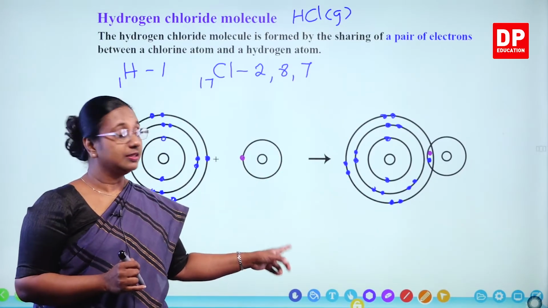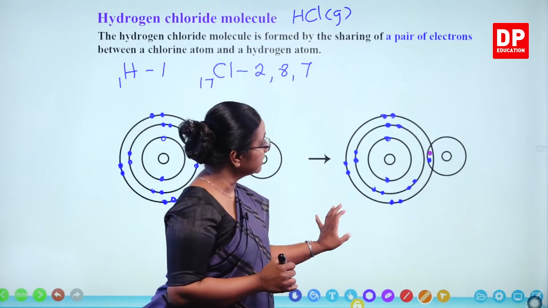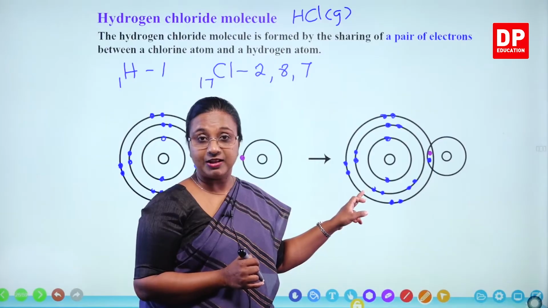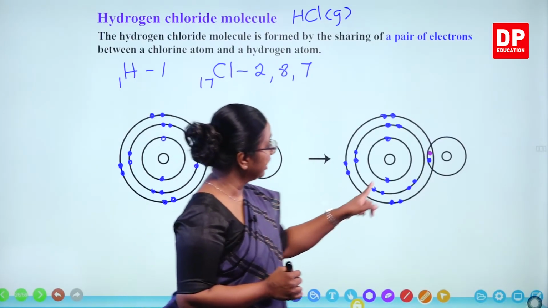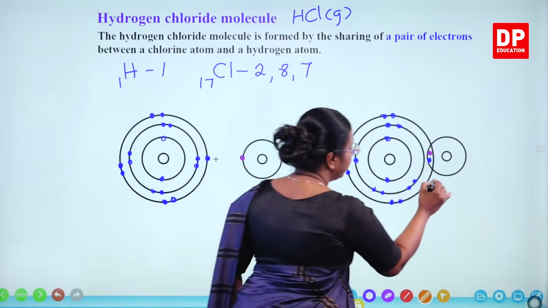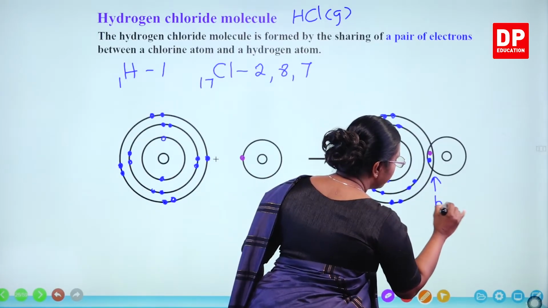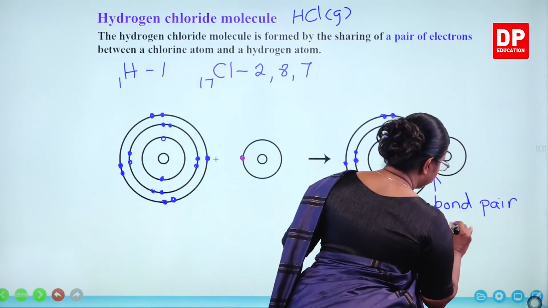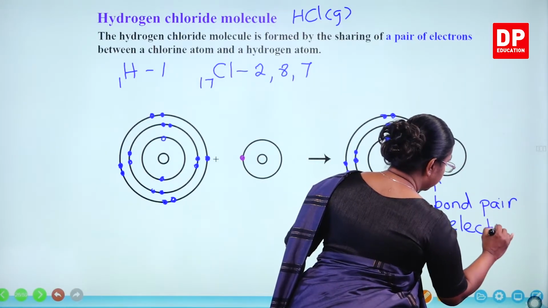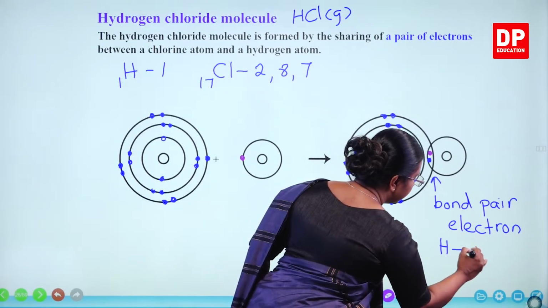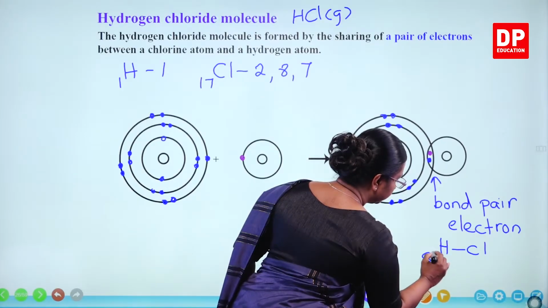So here, when you look at the chlorine atom, it has 8 electrons in its third energy level. But out of those 8, there is only 1 bond pair electron. Here you can see this is bond pair electron. And what is that bond? HCl, single bond.